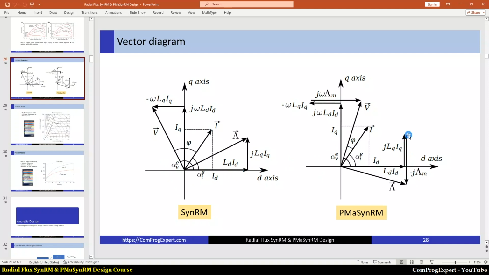Then you can consider magnets, calculate the value of phi, and increase the value of the flux linkage due to magnets step by step, and check the performance characteristics of the motor. So the vector diagram is really good, and we can realize why the value of power factor is low in this motor type.